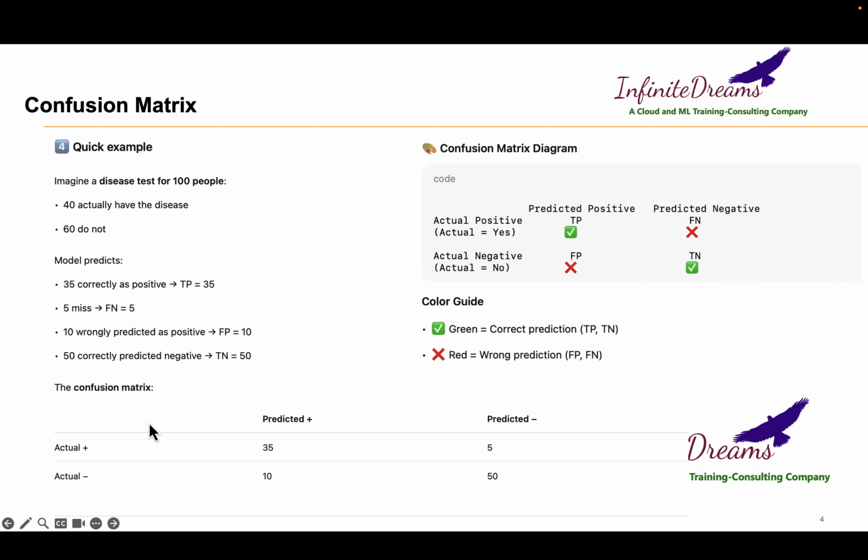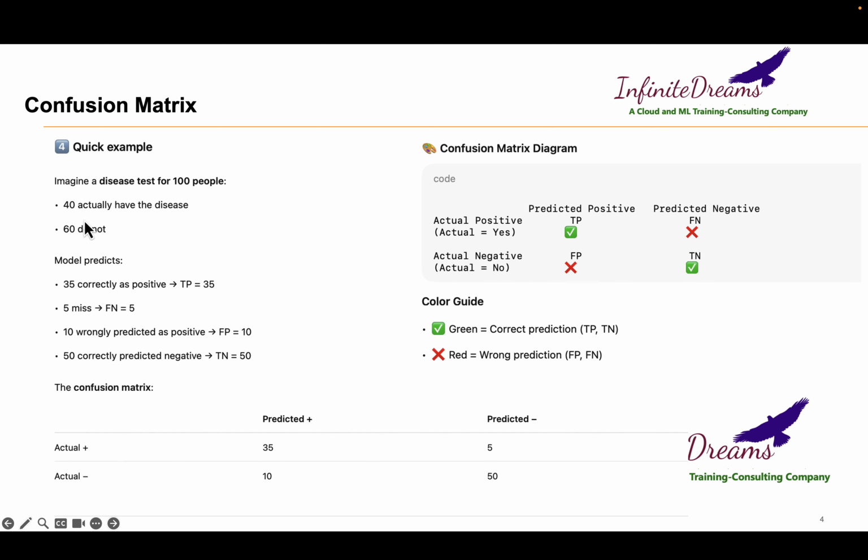This is the way we will create the confusion matrix: this side will be actual, this side will be predicted. This is the sample set of data: a disease test of 100 people. 40 people have the disease and 60 do not have the disease.